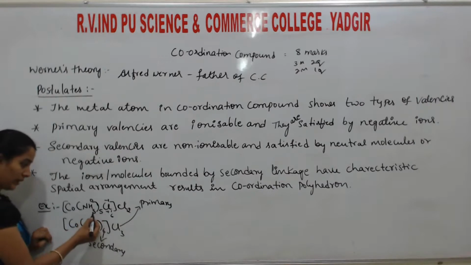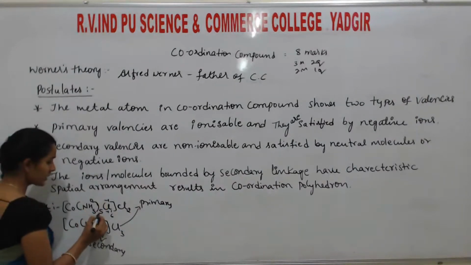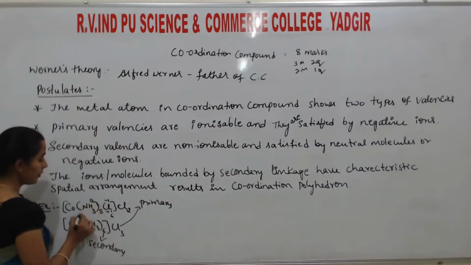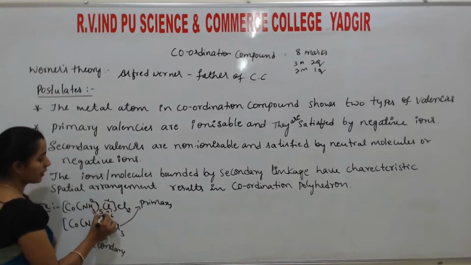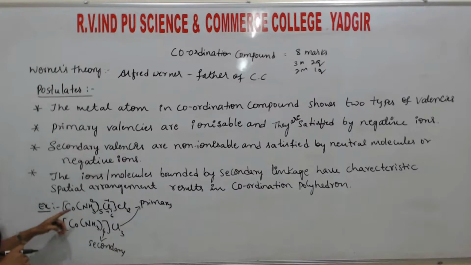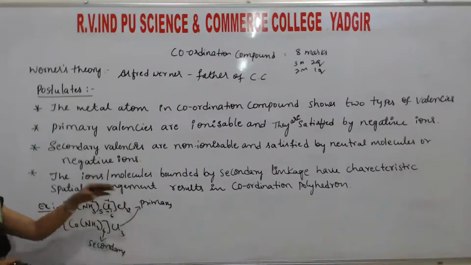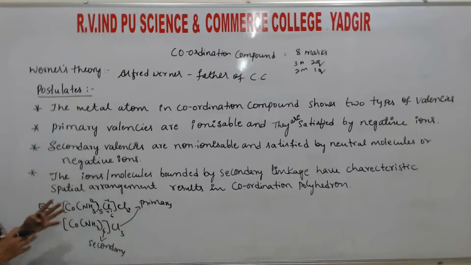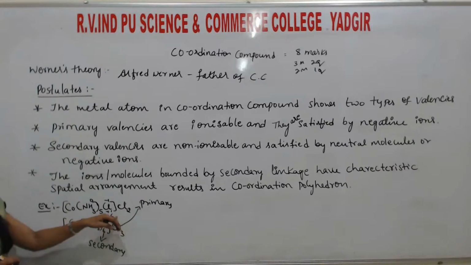The secondary valency is satisfied by neutral molecule that is NH3 and also negative ions. Secondary valency is satisfied by either neutral molecules or negative ions or both. Here neutral molecule is also there and negative ion is also there. In both the cases it may take place.